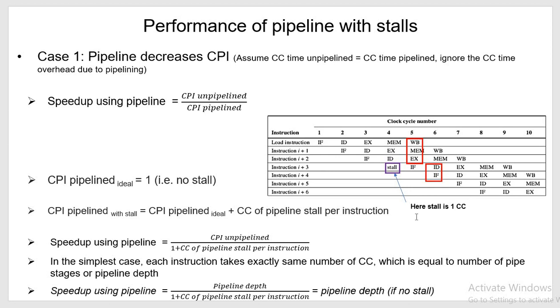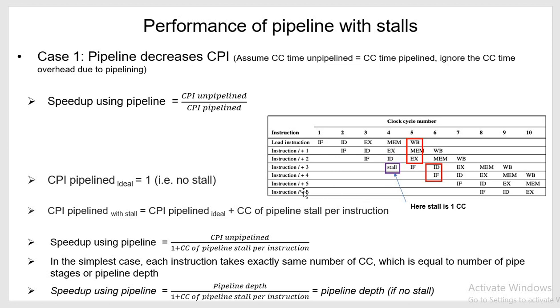So that is why there will be a delay: the CPI for this particular instruction will be increased by 1. That is why we have written the CPI pipelined with stall. This was ideal, where we considered that it is unity, equal to 1. But CPI with pipeline under stall circumstances will be CPI ideal, whatever the ideal time required, that is 1, plus clock cycles of the pipeline stall per instruction.